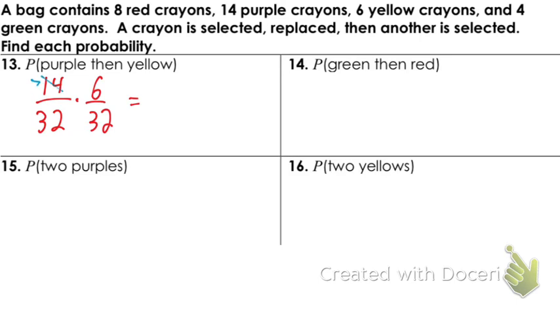It becomes 7 over 16. 6 and 32. Does anything go into 6 and 32? 2. And it becomes 3 over 16. Now there's nothing more you can reduce. Multiply straight across with 7 times 3, 21, and 16 times 16, 256. So the odds that you get a purple and then a yellow, 21 over 256. This is hard.